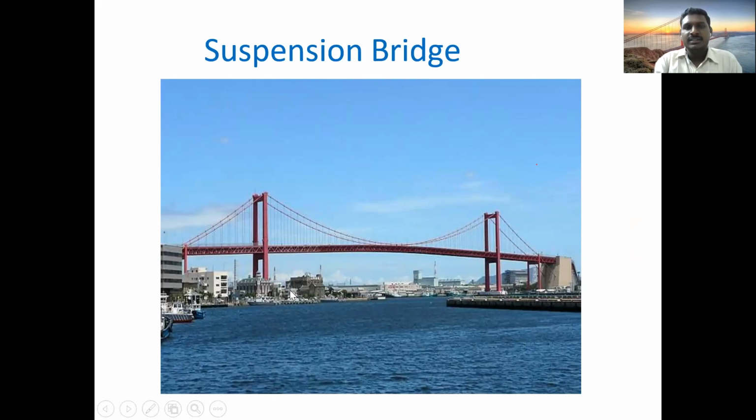You can see this type of bridge in a nearby area, in Goa. So these are the supports or columns of the bridge, and the floor of the bridge is suspended on these cables, and we can construct this by using steel.